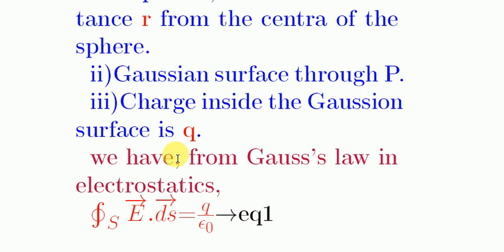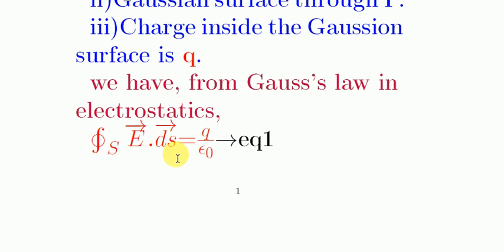So let us see the main solution of this problem. We have from Gauss's law in electrostatics, closed surface integral E dot dS equals Q by epsilon 0.